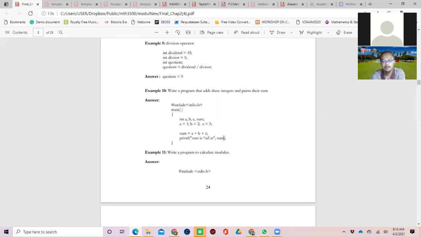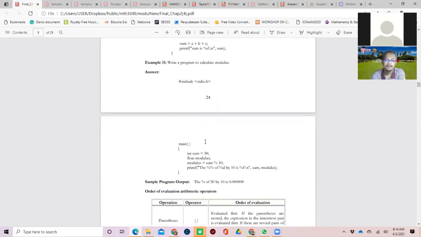Sum here is the variable. Since sum is an integer, we use the printf format %d. The value of sum will be replaced in the %d, so the output will be sum is 6.